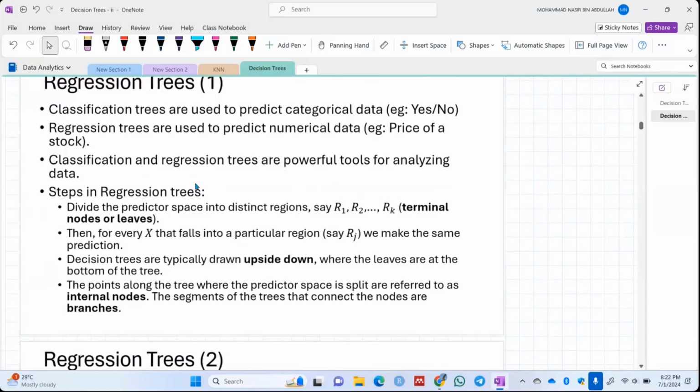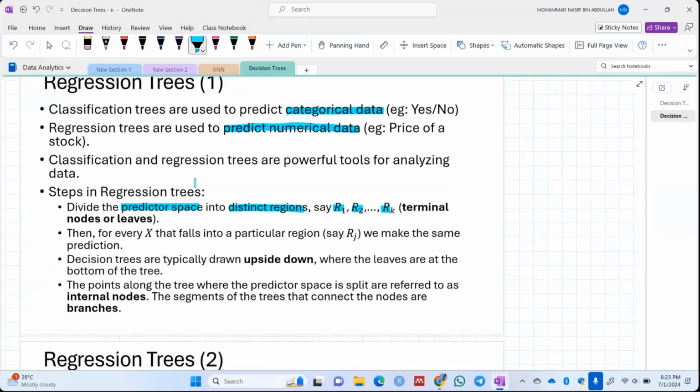So now, regression. The steps to build regression trees: first, we need to divide the predictor space into distinct regions, such as region 1, 2, 3, and so on.